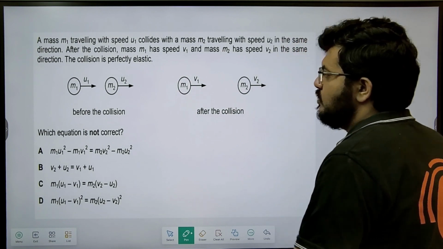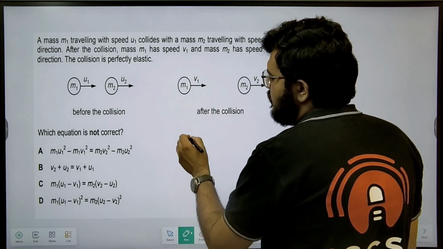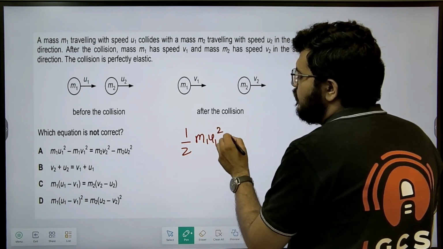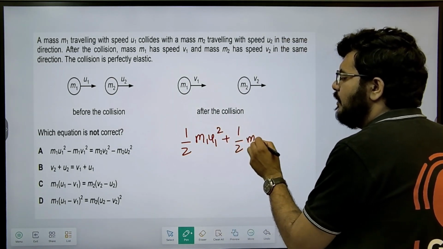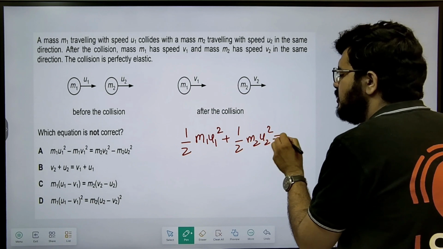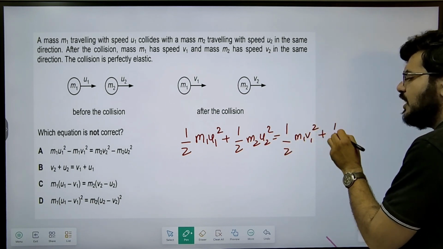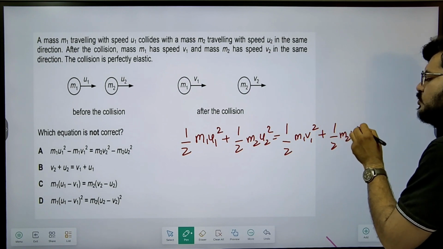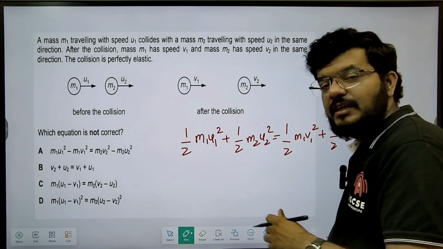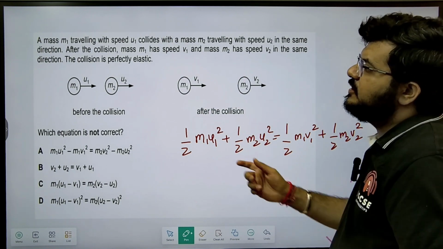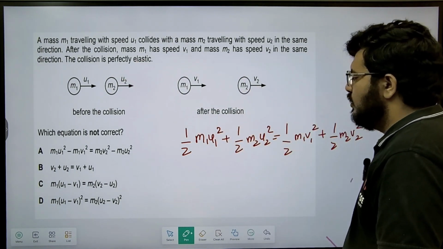Okay. So let's form all the equations possible. Can I say half m1 u1 square plus half m2 u2 square is equal to half m1 v1 square plus half m2 v2 square? This is true because the kinetic energy before collision should be equal to the kinetic energy after collision, as this is a perfectly elastic collision, right?